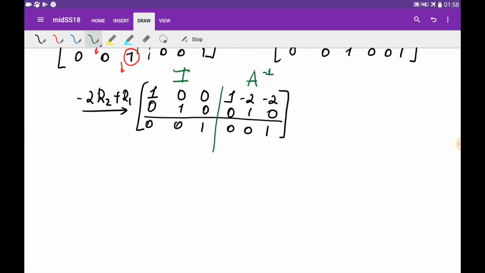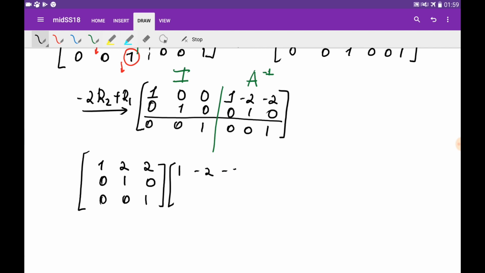We can check whether we found the proper inverse by multiplying the matrix A, which is 1, 2, 2, 0, 1, 0, 0, 0, 1, by its inverse, which we found, which is 1, minus 2, minus 2, 0, 1, 0, 0, 0, 1. It is obvious that the last 2 rows of the product are 0, 1, 0 and 0, 0, 1, so I just need to check the first row.